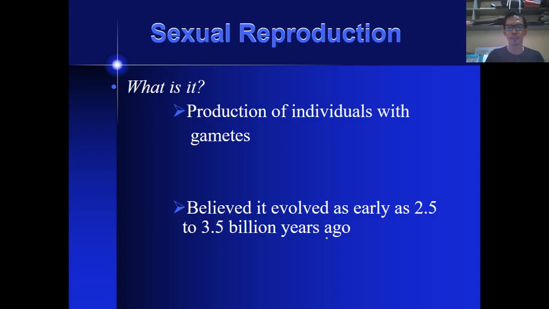Okay, so we go now to the second type of reproduction called sexual reproduction. So what is sexual reproduction? This is a very complicated type of reproduction in which the individuals need gametes in order to reproduce. As we recall, gametes are sex cells, and there are two kinds of gametes: sperm and egg cell.